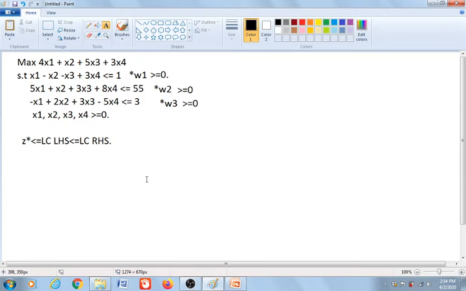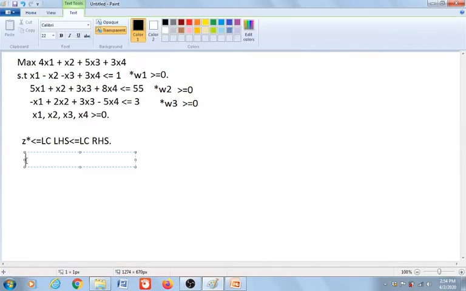Okay, now let's do the multiplication. So W1 times 1x1, W2 times 5x1, W3 times minus 1x1. What I'm having there is W1 plus 5W2 minus W3, everything times x1.